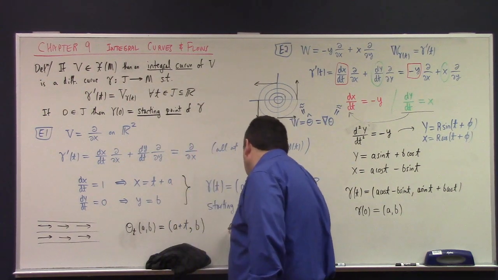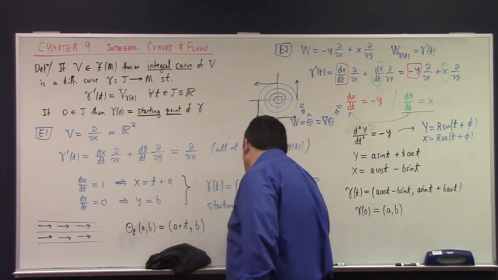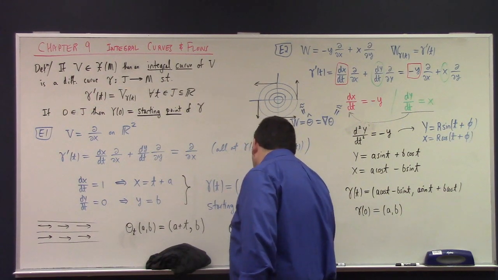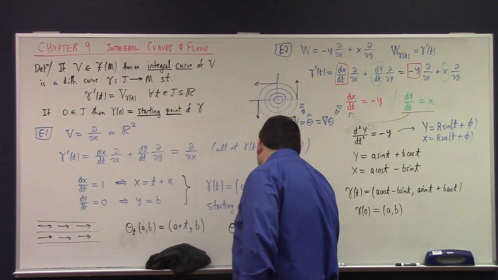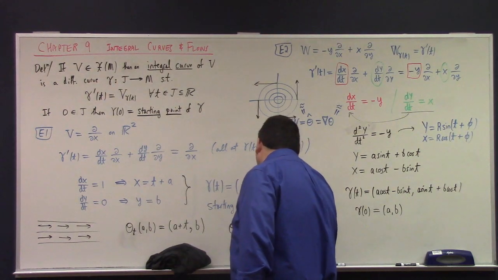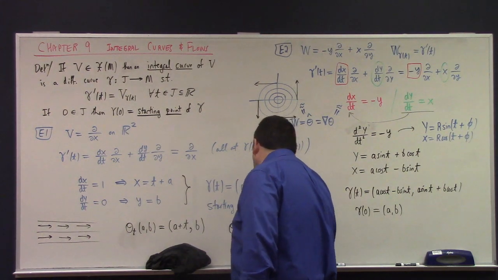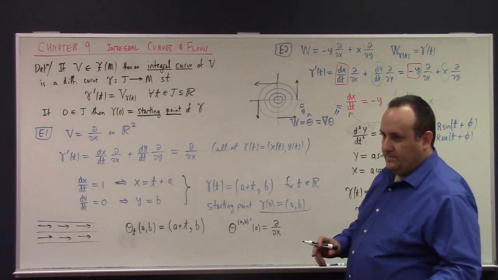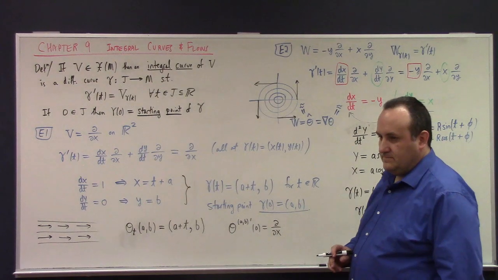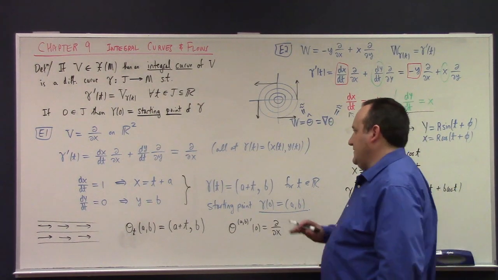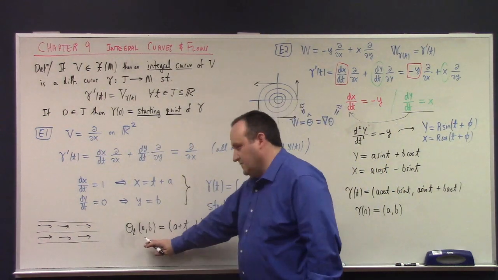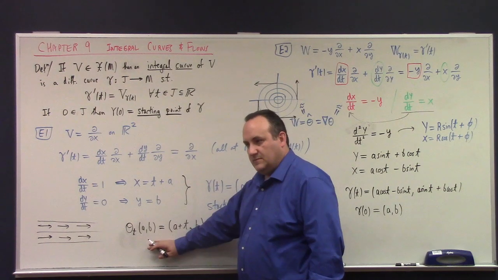Then theta at the point (a, b) prime of 0 is exactly partial x, because it's just (1, 0). So in fact, this is the infinitesimal generator of this global flow on R2.